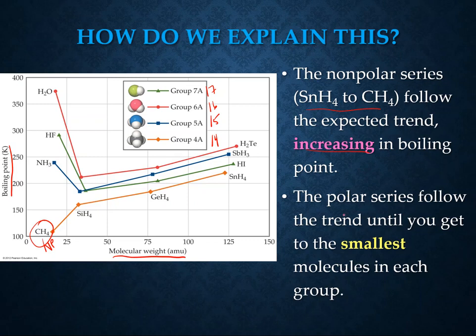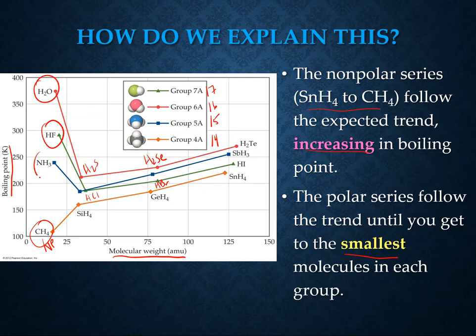Great. The polar series follows the trend until you get to the smallest molecules. So we have here the water, the oxygen group, this would be H2S, and this would be H2Se, following the elements in the group as you go down the group. Here, HF, this would be HCl, and then HBr, and so forth, HI. What you're seeing here is these guys don't follow the trend.